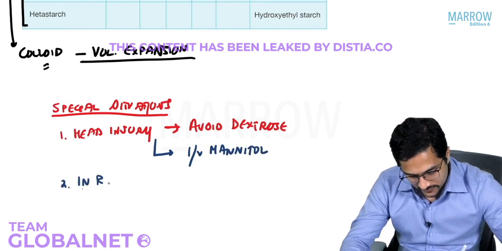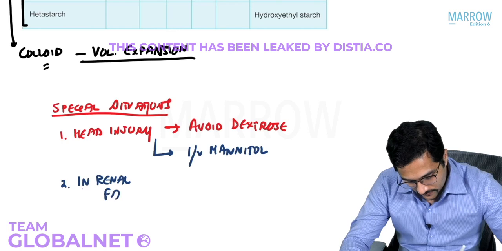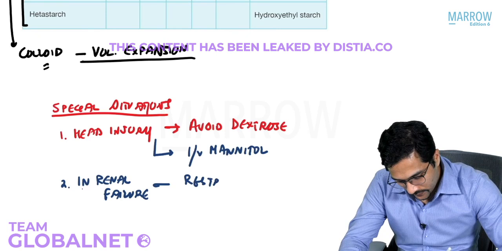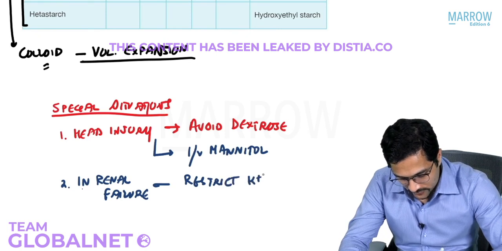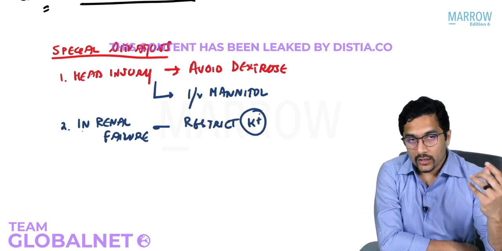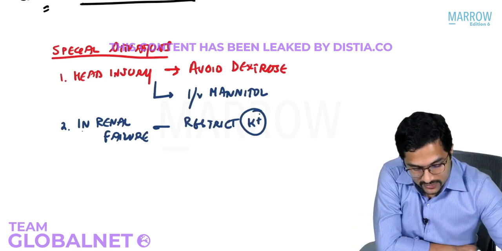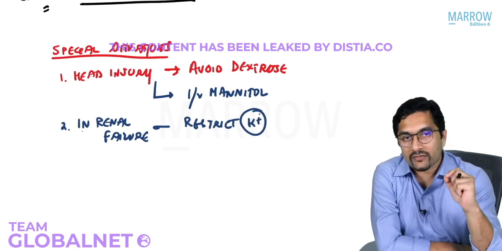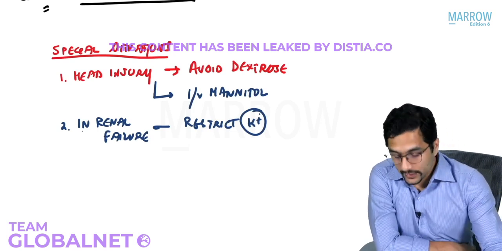In renal failure, restrict potassium. We have to restrict the potassium because the kidney's capacity to handle potassium is not there, so we restrict potassium in these patients. And I've already told you that potassium is not given on post-operative day 0. It is started from the next day.